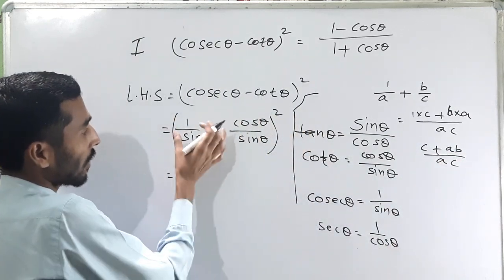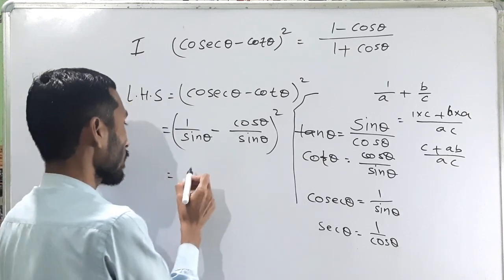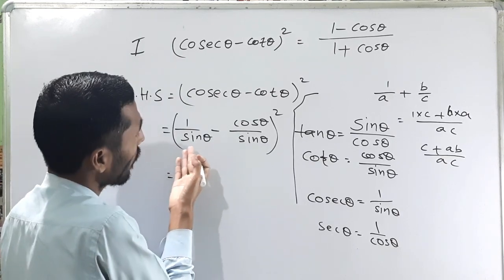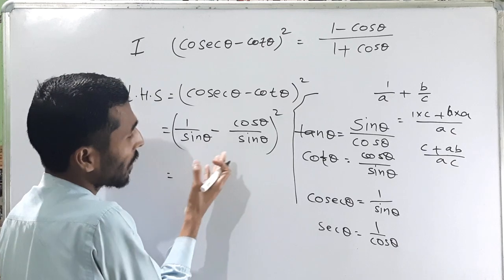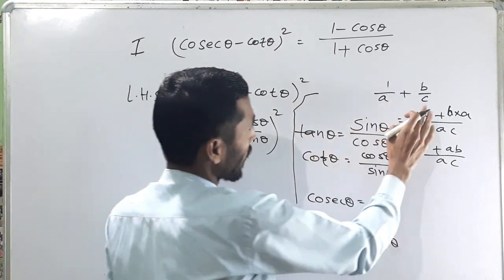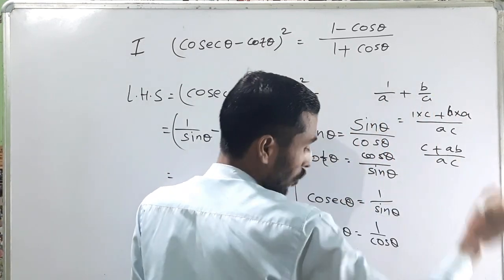In the same way we can also do it here, but basically the denominator is the same, so there is no need to do it like that.